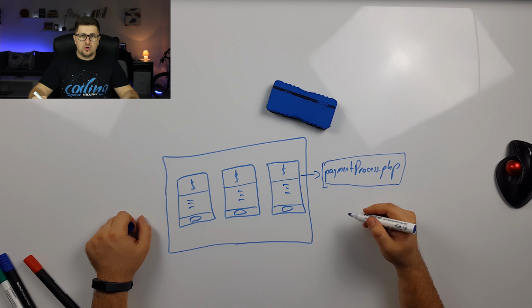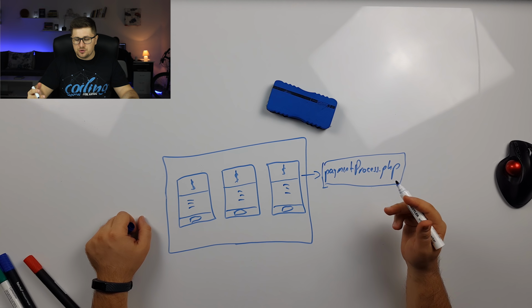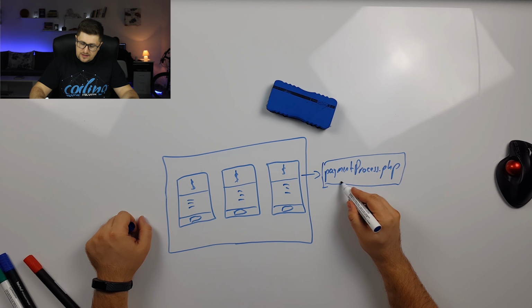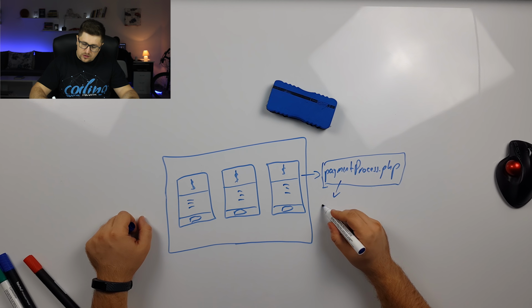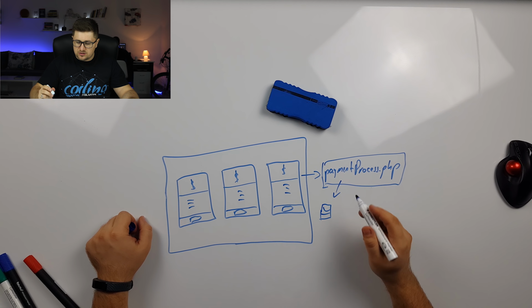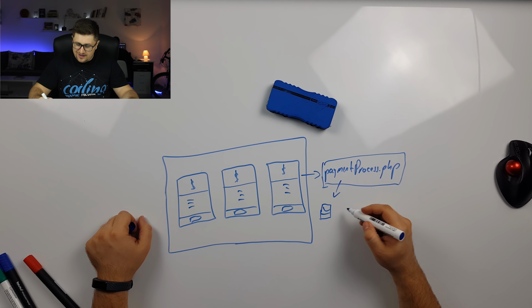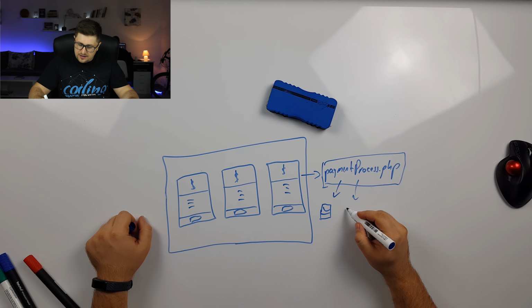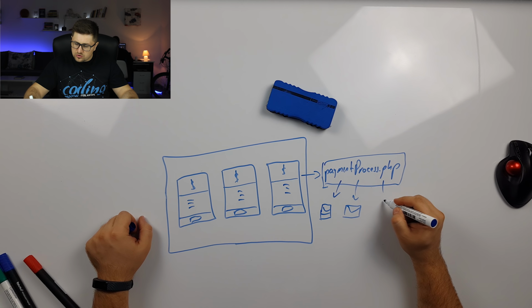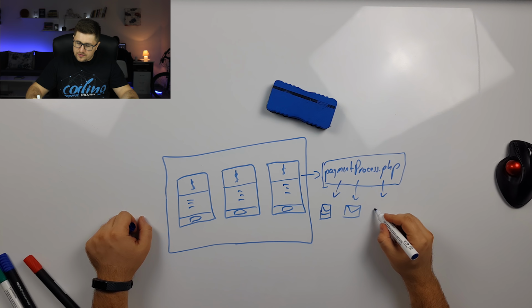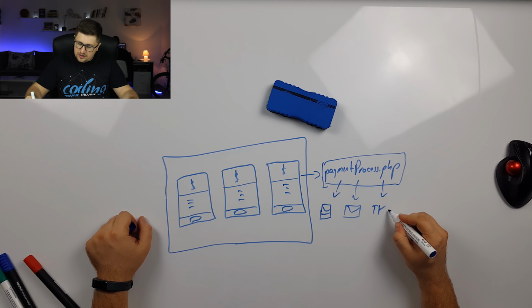After that we will also create a subscription for that customer, and then we will create a new account and store it in the database, if this looks like a database, and then we will send an email to the customer, and also we are going to redirect the person to the thank you page.